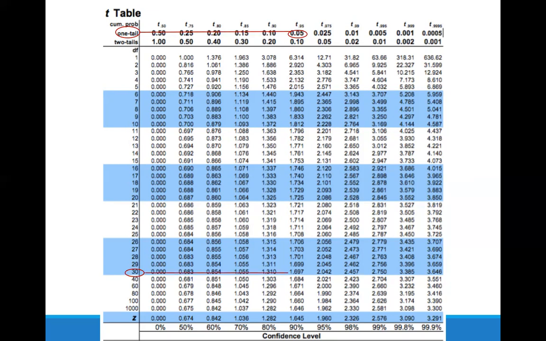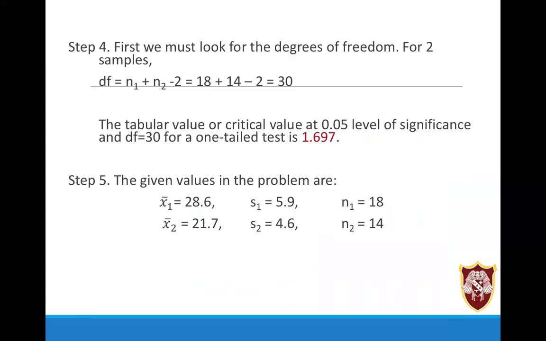And then you get the intersection of the degrees of freedom and the level of significance. And we get the critical value, which is 1.697. Okay. So this one is our critical value, or that is also the so-called tabular value.